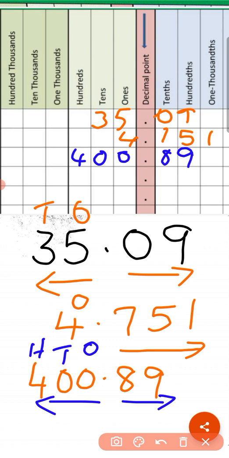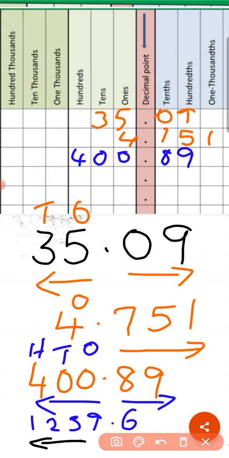Now we will do one more question also. 1,239.6. Which is the whole number part, children? 1239.